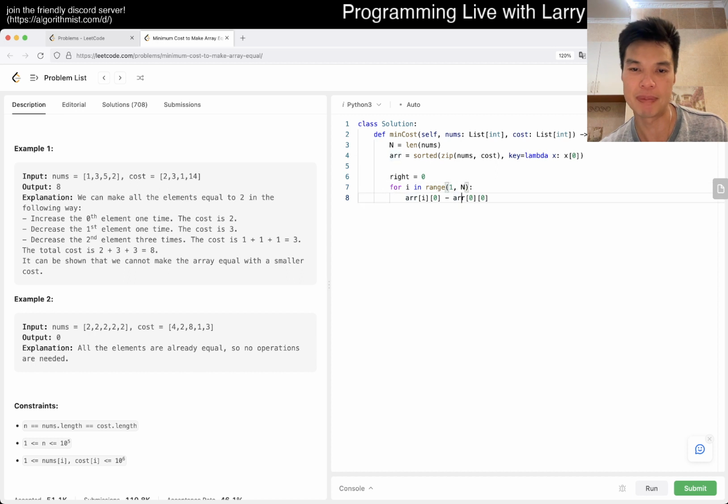So all these numbers are to the right. Right is equal to we added to this times cost.